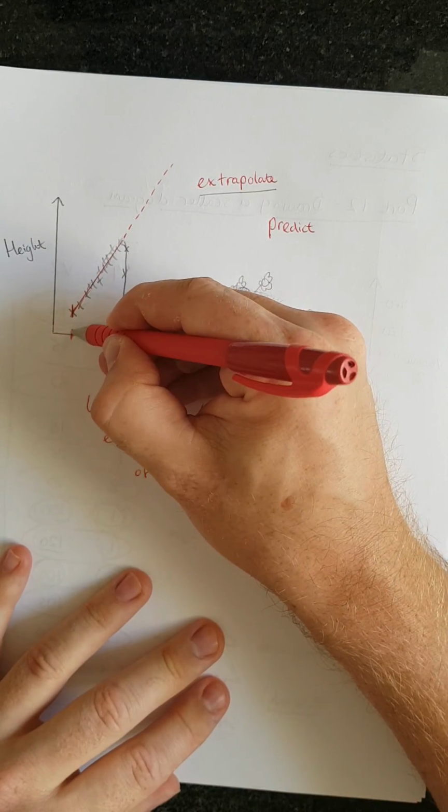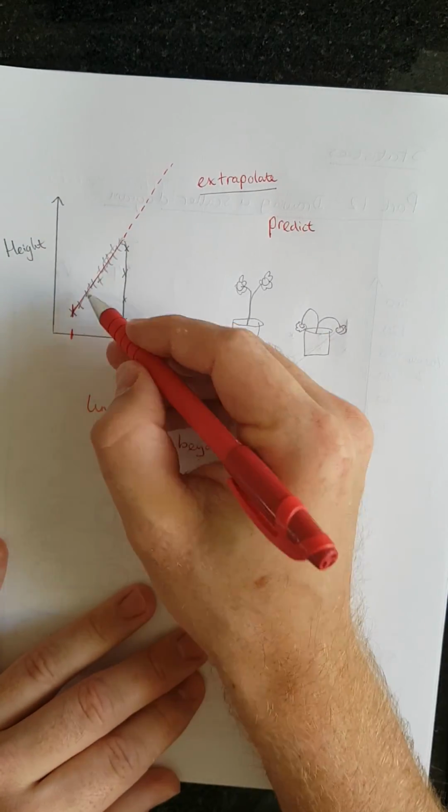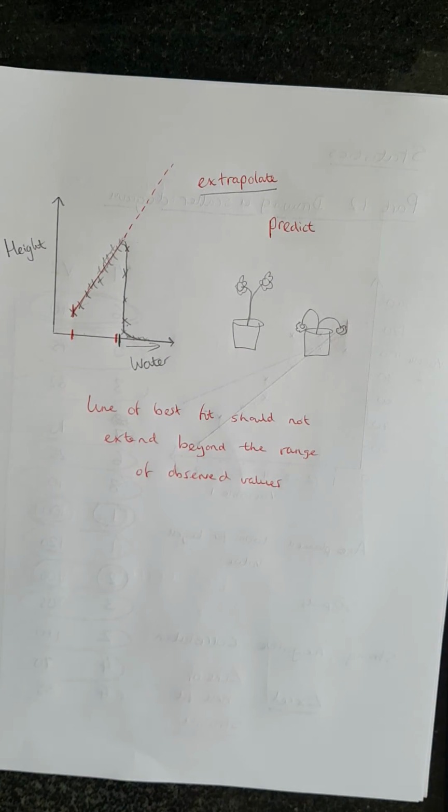So if the lowest value is here and the highest value is here, your line of best fit can only cover between those 2 points. Now this becomes crucial in a minute when we look at using lines of best fit. I'll let you take a break for a minute and then we'll look at that in the next part.